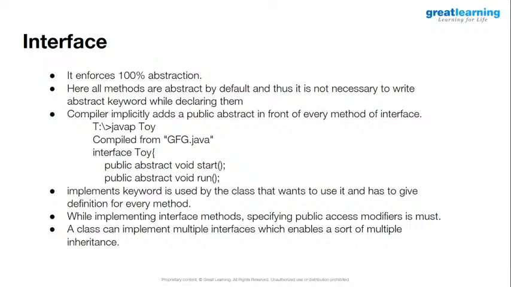Then the compiler doesn't do the rest for us; we have to explicitly write a body, or implement these functions in our class which has implemented this. Multiple inheritance can be done with the help of interfaces.